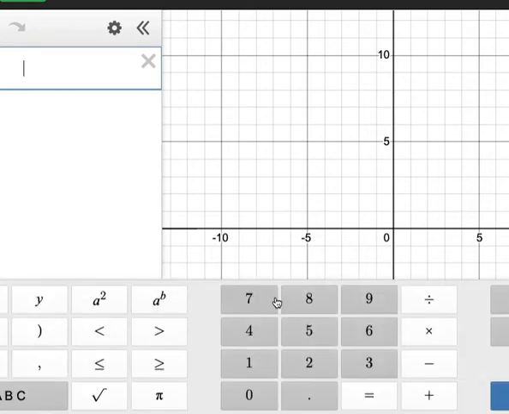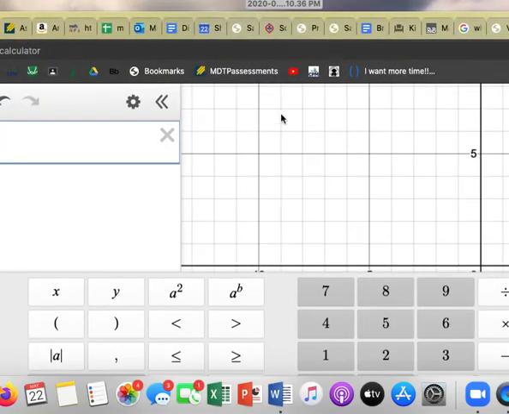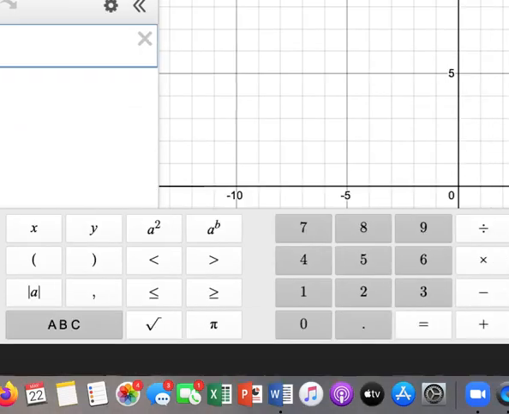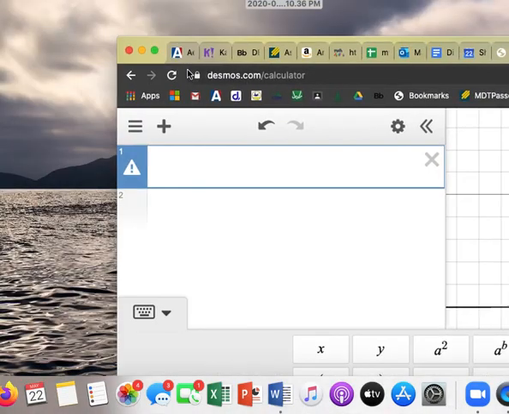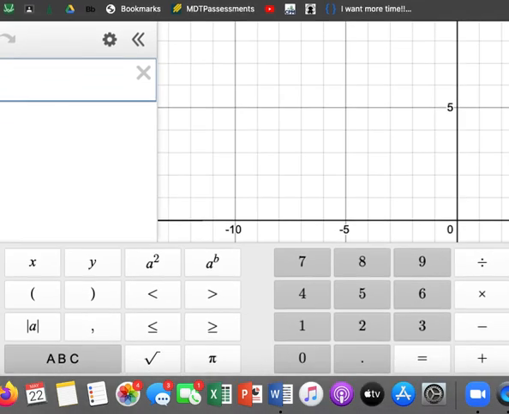I'm noticing again that it's hard to show on my screen. Let me see if I can move this over a little bit. That doesn't seem to want to move over. Okay, all right, well, I'm just going to go with it.